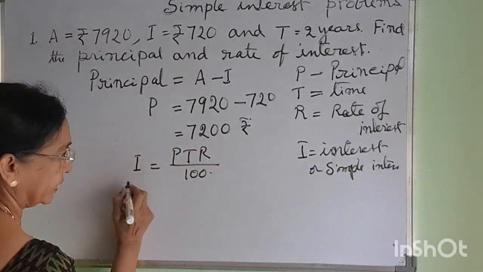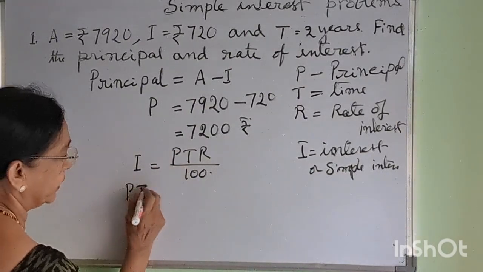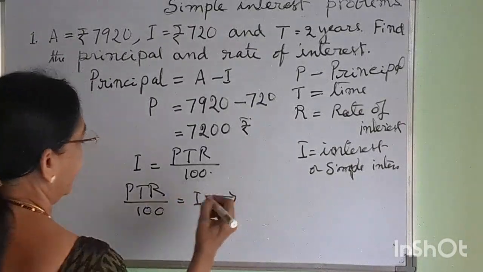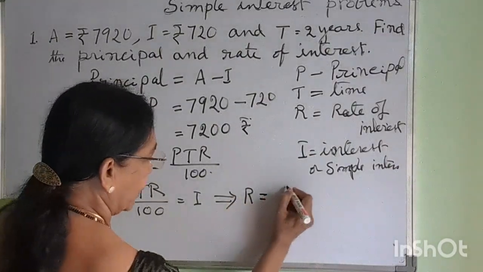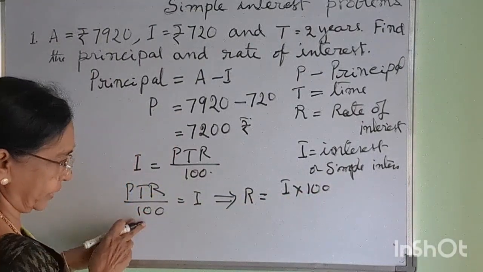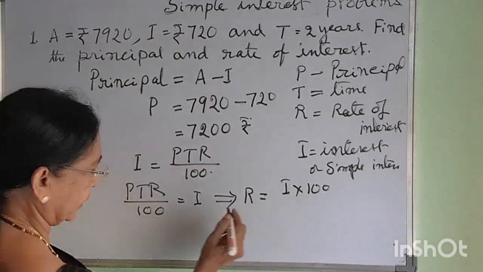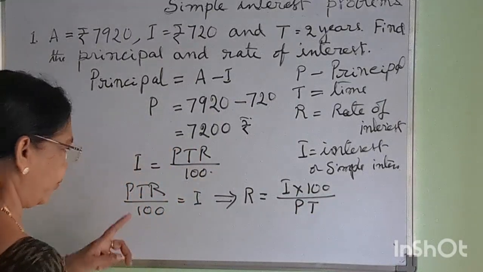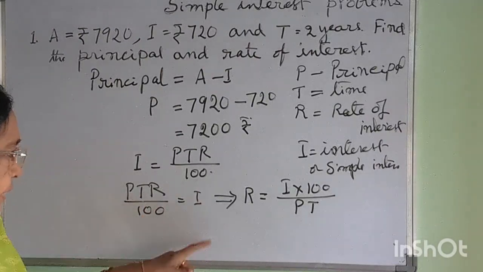Writing the right hand side on the left side and the left hand side on the right side, we get PTR by 100 is equal to I, and we want the rate of interest R. Therefore, R is equal to I into 100, and the denominator from the left side goes to the right side as multiplication. Next for R, we transpose P and T. So from this formula, R is equal to 100I by PT.